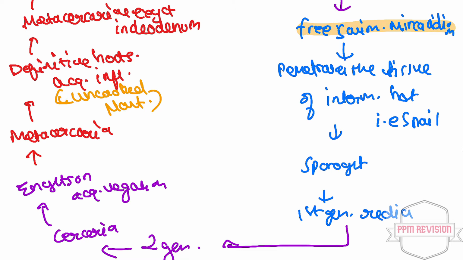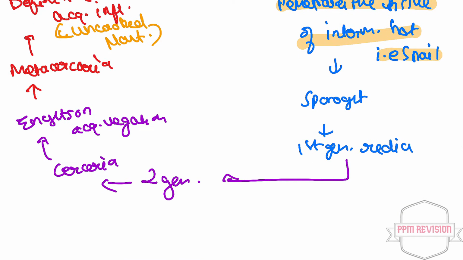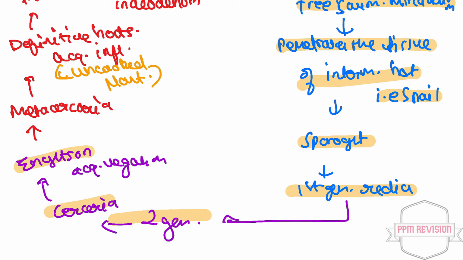It penetrates through the tissues of the intermediate host, that is the snail, and then it forms the sporocyst, which forms the first generation redia, and then the second generation redia, and then it moves on to the cercaria and encysts on the aquatic vegetation and matures into the metacercaria.